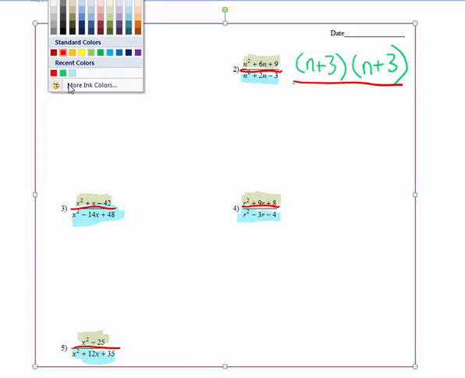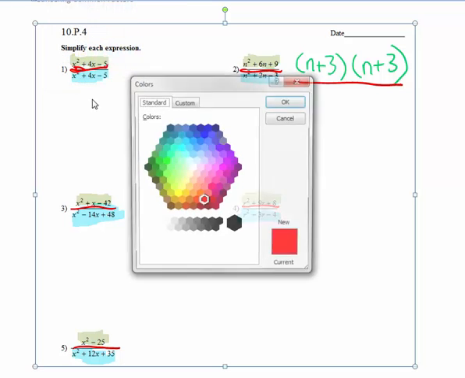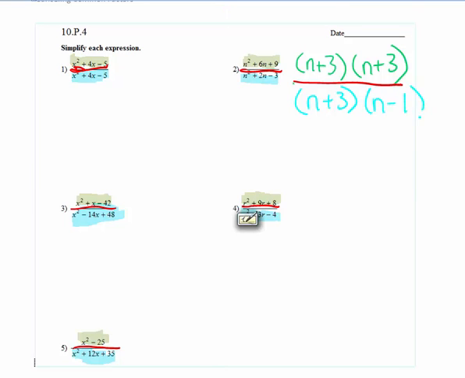And I'm going to factor the bottom in blue. This should be n plus 3 times n minus 1.